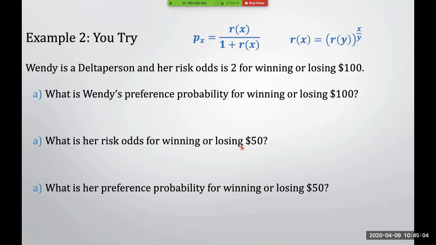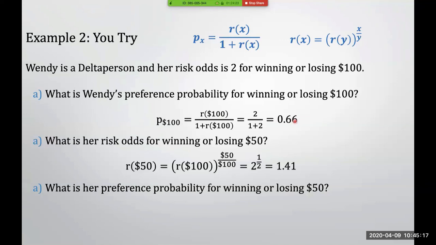When you get the answer, I am now going to reveal the answer to you. So here, the preference probability using this formula is the risk odds of $100 over 1 plus that, which is 0.66. Now the risk odds for winning or losing $50, using this formula, R of $50, is equal to the risk odds of $100 raised to the power of the ratio between the two.